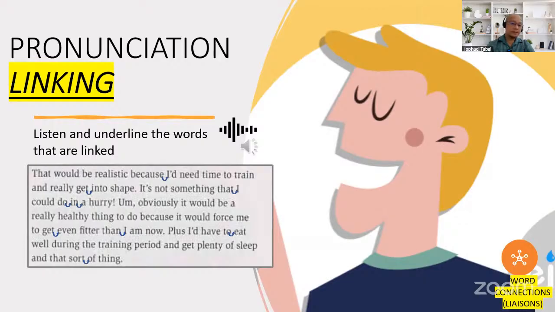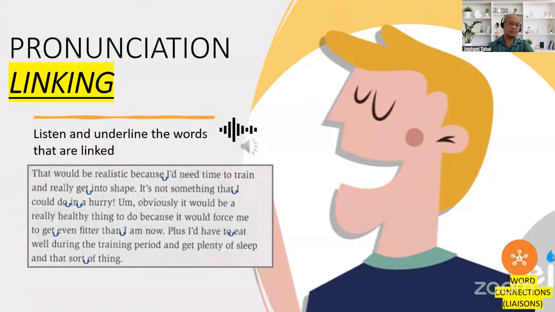So it's called linking because two words here are linked together. For example, get into shape, instead of saying it word by word. And the same thing here, that I, instead of saying that I, or do in a hurry, instead of saying do in a hurry again.